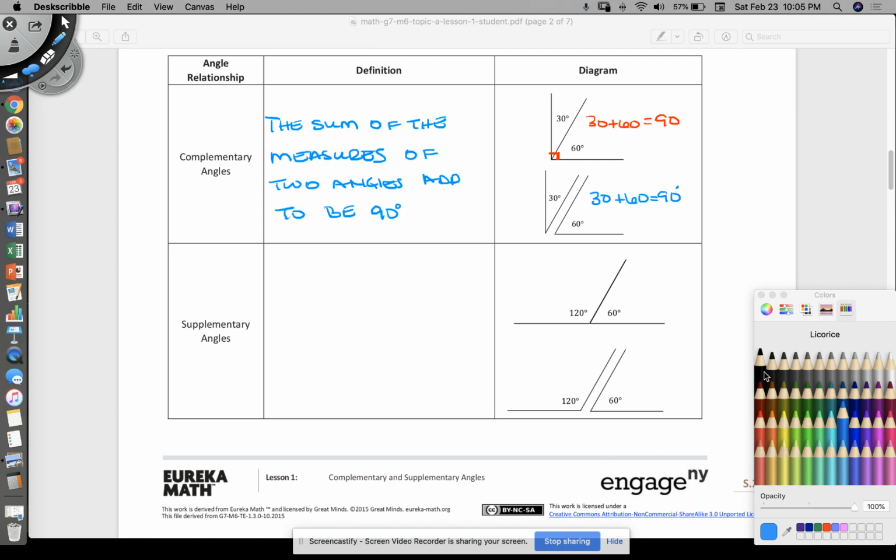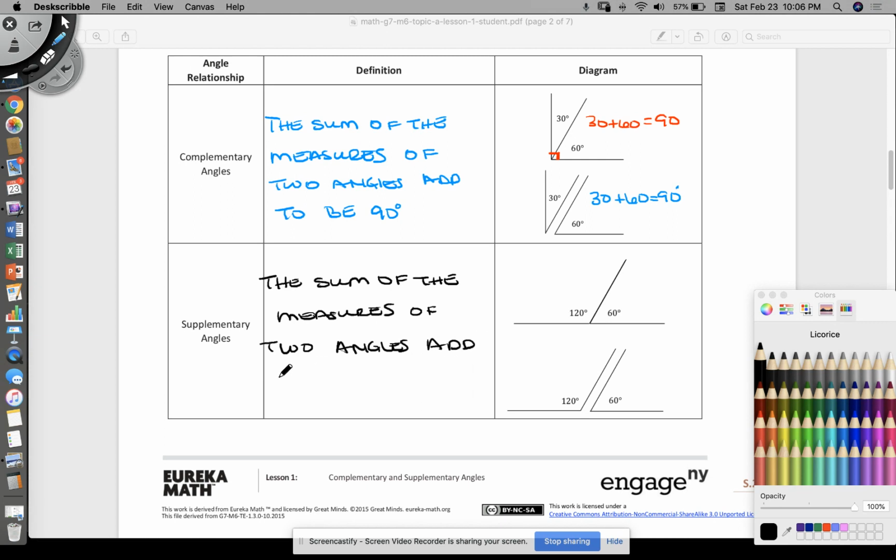Now we have supplementary angles. Supplementary angles are the sum of the angles, or measures, let's say that first, of two angles. And sometimes it could be more. Sometimes there could be three that you're putting all together, but you need at least two.